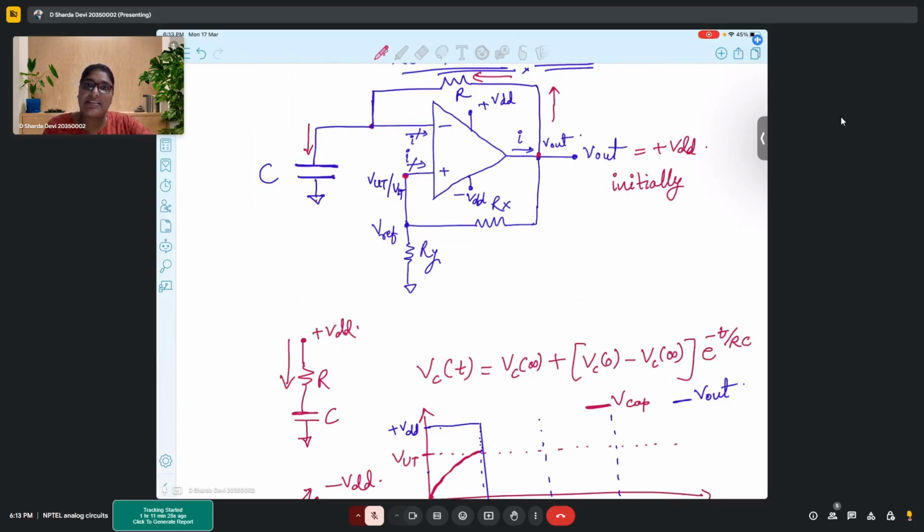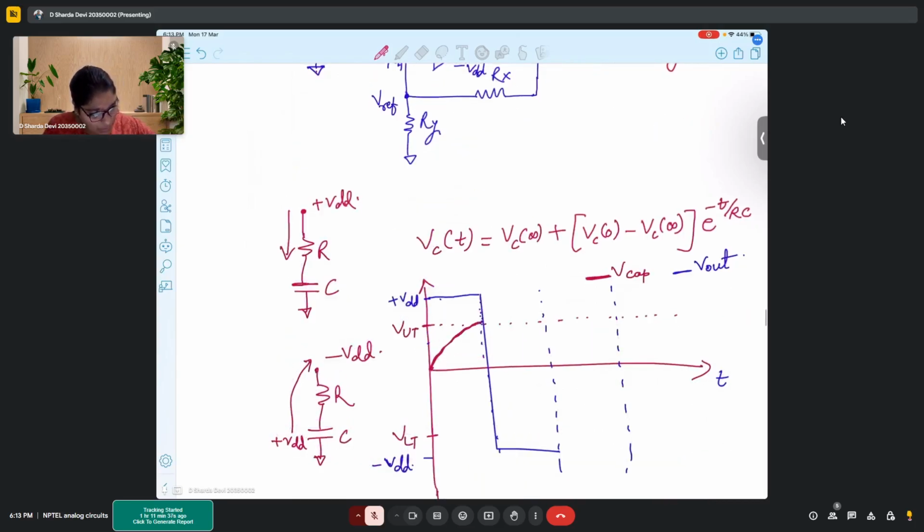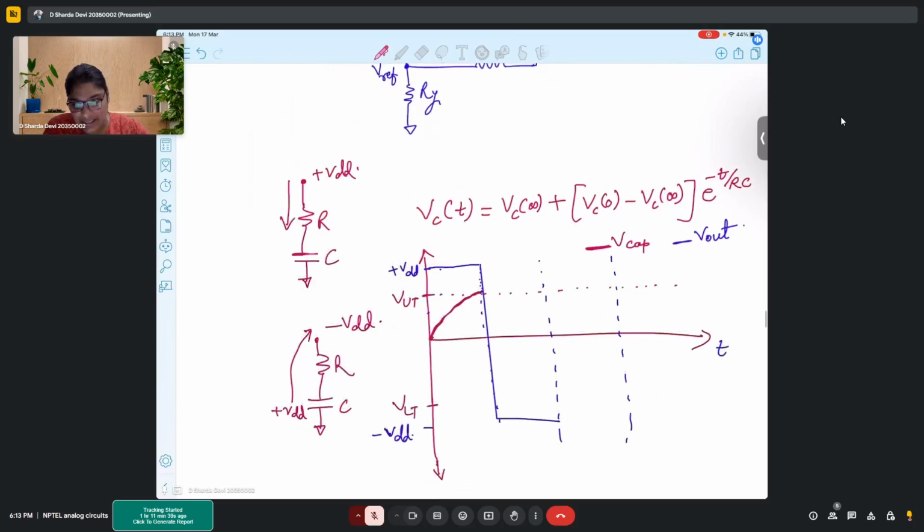So the capacitor will start to discharge through the same path, across R, towards Vout. Since my Vout has turned to minus VDD, that discharge level could go until VLT, right? Because my new reference has now changed to VLT.